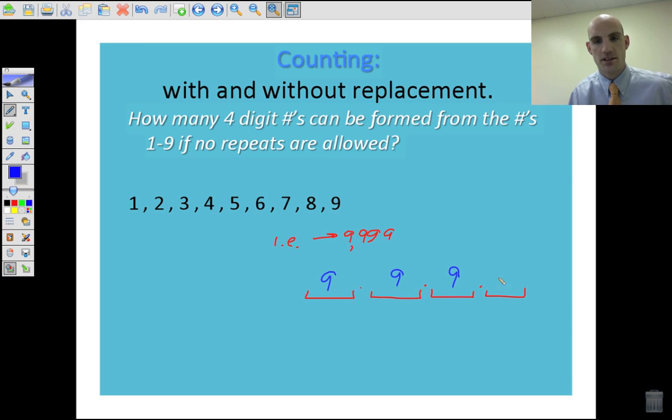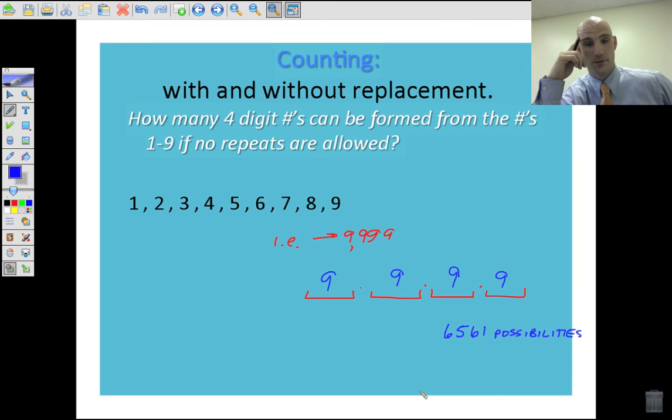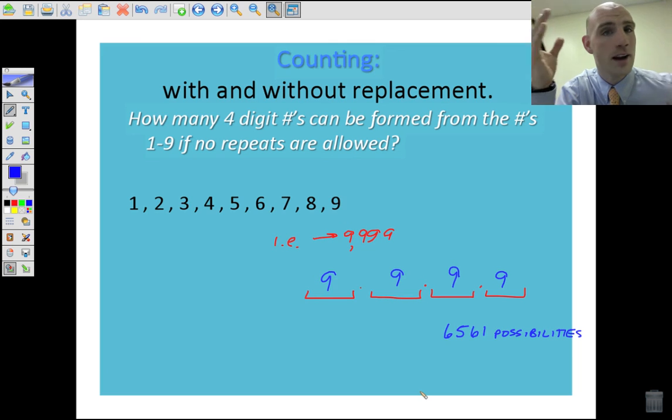Then 9 again, and 9 again. You see how huge this can get. If I multiply this out, 9 times 9 times 9 times 9, it's 6,561 possibilities. That's a lot of possibilities, guys. If we had tried to write all of them out, we'd be writing for a month. You don't want to write that much.